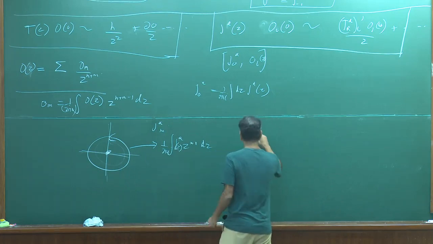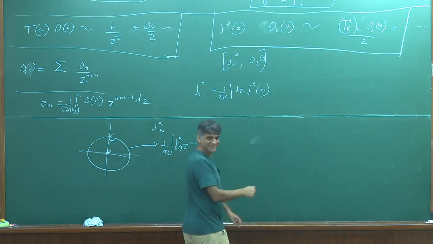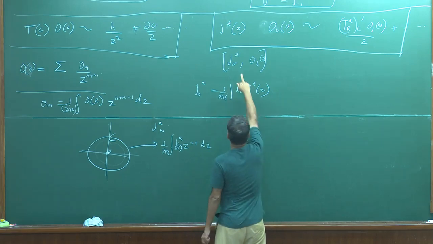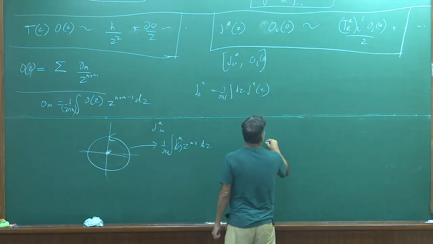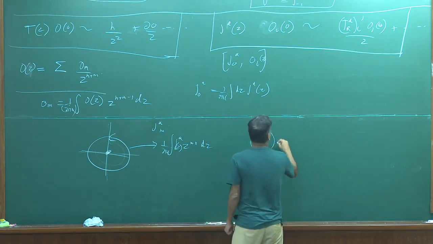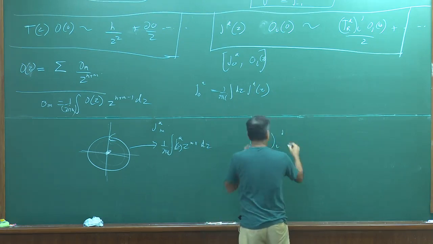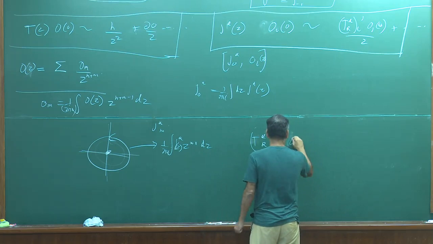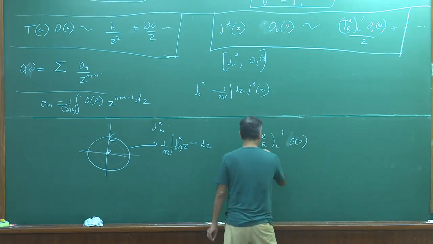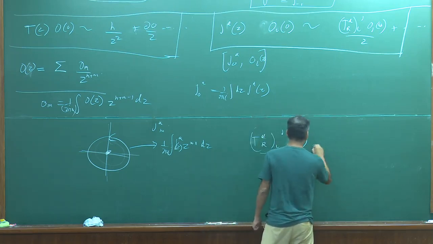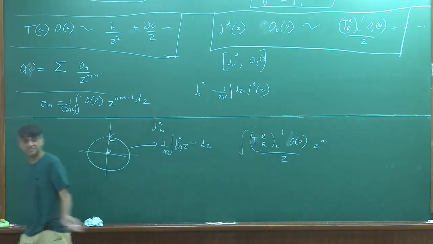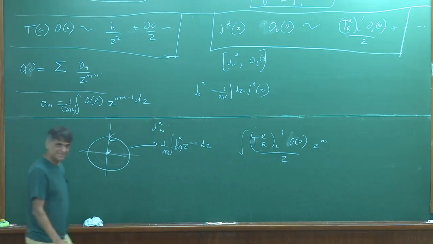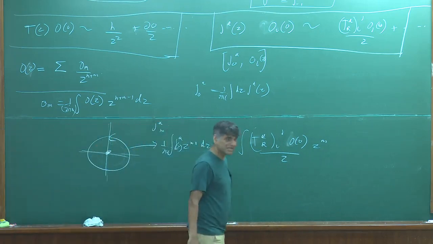The OPE just gives us from up there t^A_{ij} O of 0 with 1 by z. Every other term is non-singular.